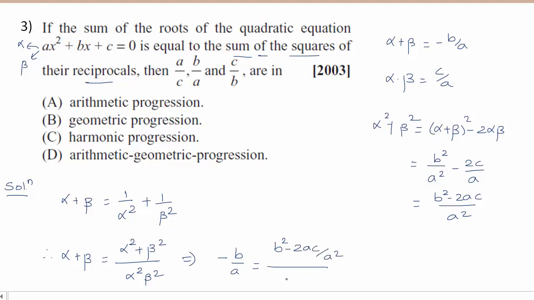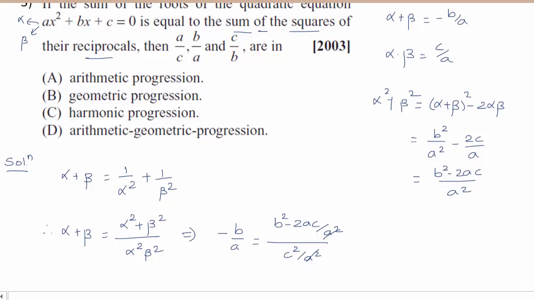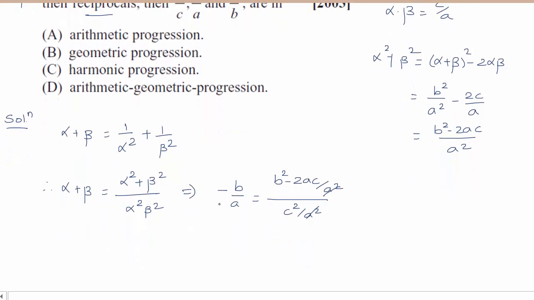In the denominator we have c square by a square. So a square we can cancel, and now we get minus b by a is equal to b square minus 2ac upon c square.